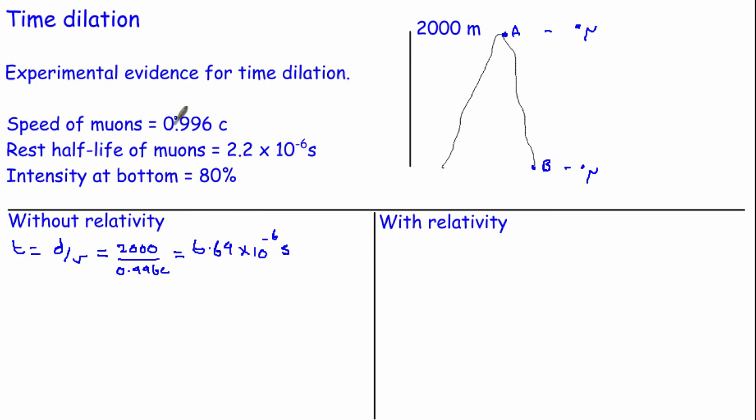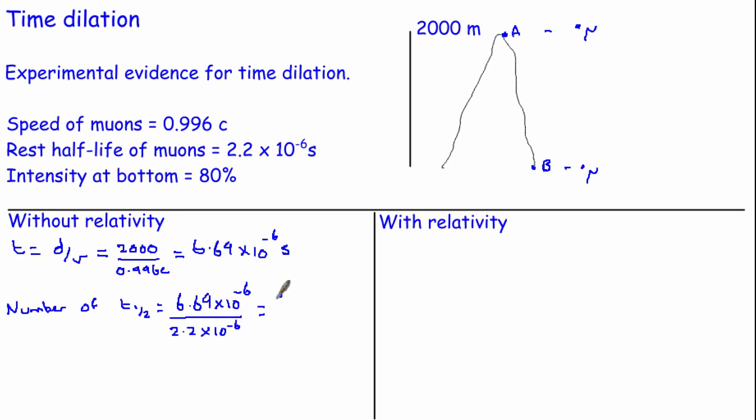Now, we know that the half-life of the muons is 2.2 microseconds. So we can work out how many half-lives go by from here to here. So the number of half-lives, n, is simply equal to the time it takes to go from the top to the bottom, 6.69 times 10 to the minus 6, divided by 1 half-life, 2.2 times 10 to the minus 6.